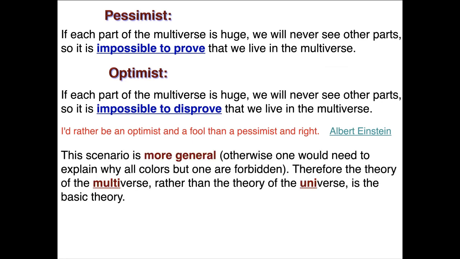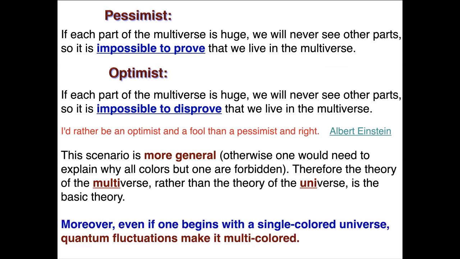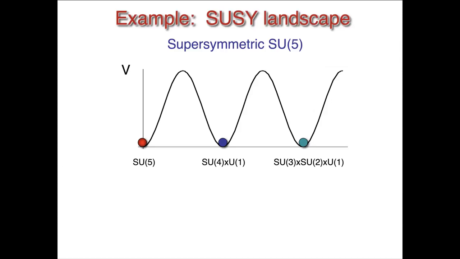The point is that the scenario where the universe consists of many different exponentially large parts with different properties is more general. If we say that our universe is really the universe, this is something very specific, and one should come with a proof of this concept, and there is no possibility to find such proof.